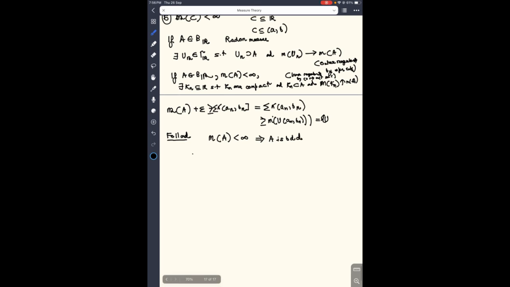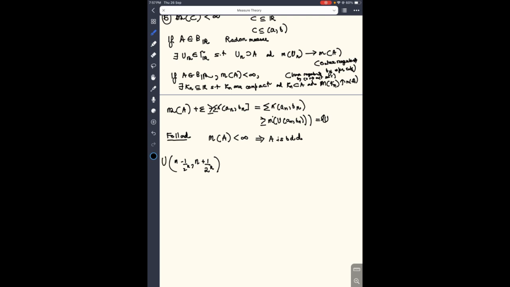Why? Take these kinds of sets: around each natural number n, take the interval from n minus 1 by 2 to the power k to n plus 1 by 2 to the power k. Each set has finite measure.